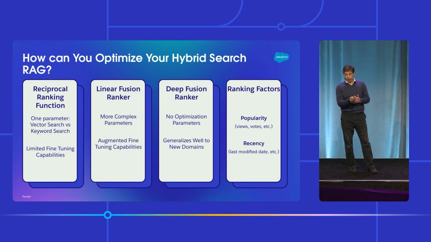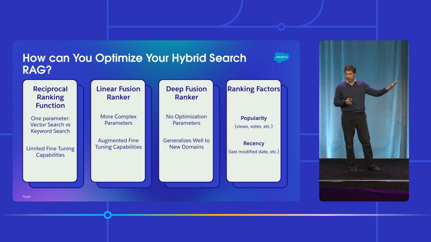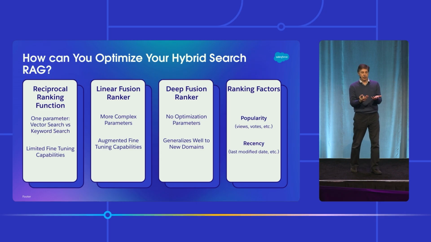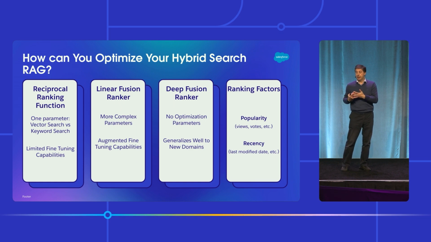Then we have the linear fusion ranker. That function is more powerful. It has the same parameter as RRF, but it adds other parameters. So we are giving you more control on how to specify the ranking function, okay? Again, more complexity, more control, and you need a deep level of understanding there, okay?